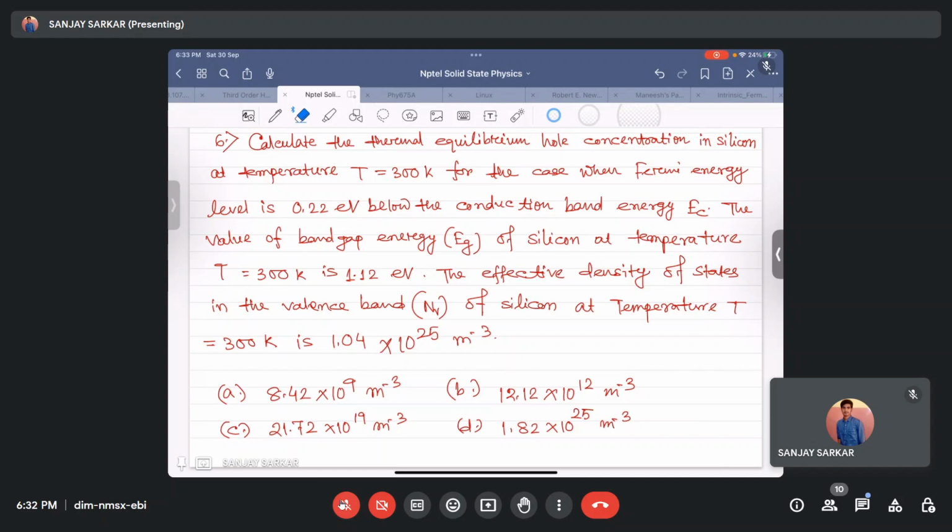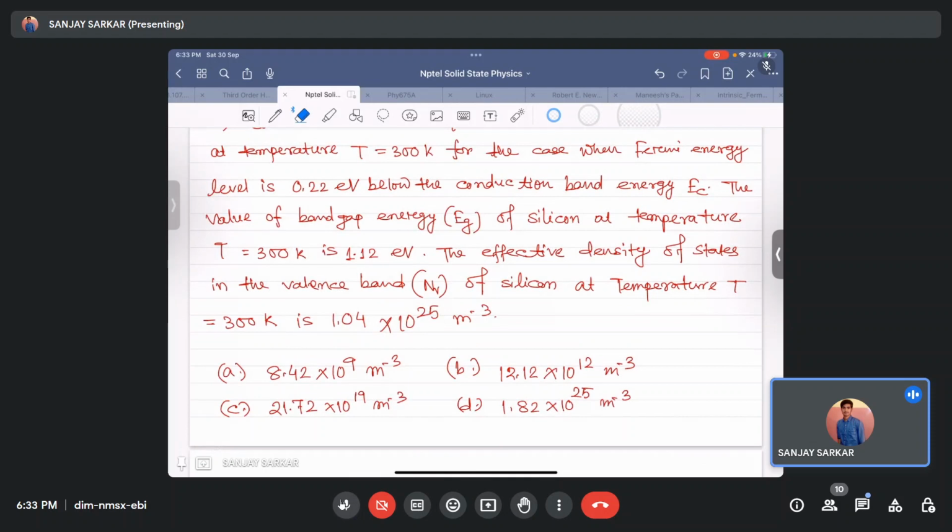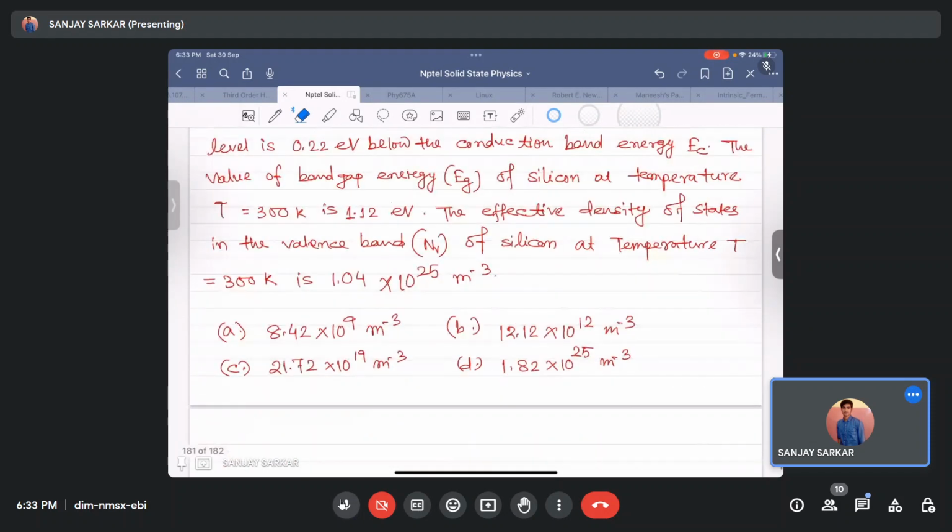Okay, so you have calculated and say option A is correct. Yeah, for this problem option A is correct. It is the same as the last question number 4.